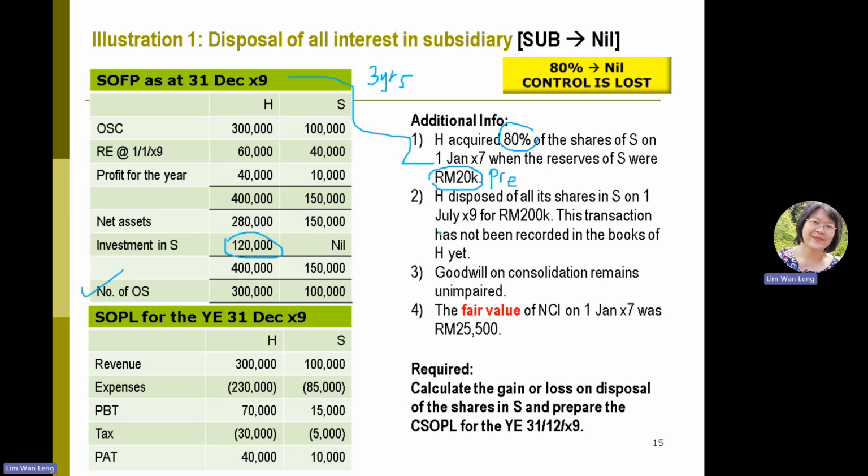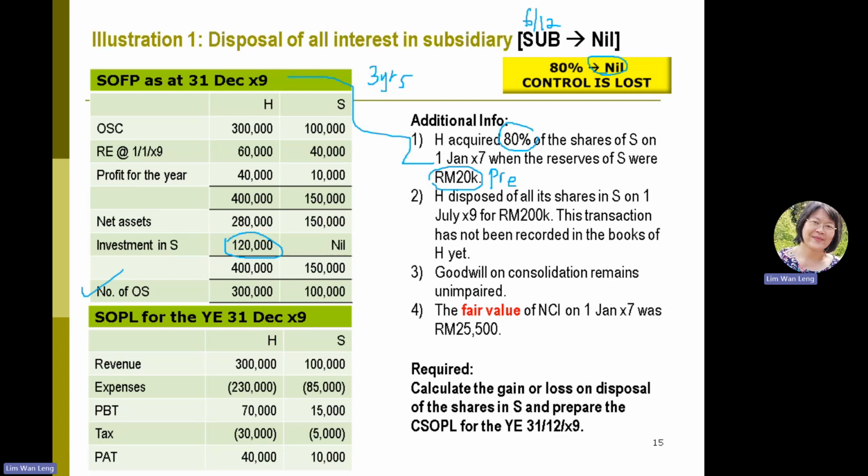So they tell you what? H disposed of all of its shares. So it's 100%. From 80%, when you dispose of, it becomes zero. On what date? First day of July X9. So first day of July X9 means what? The status as a subsidiary is only 6 months out of 12 months. Okay?